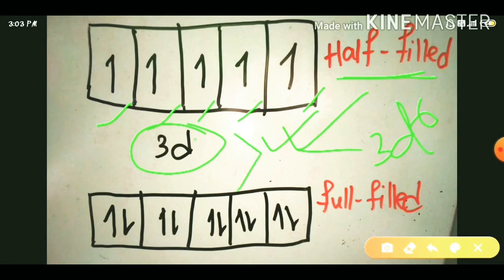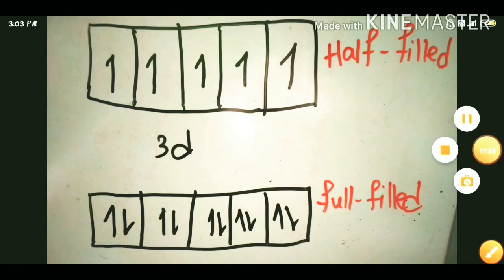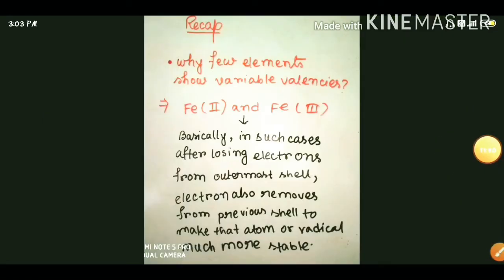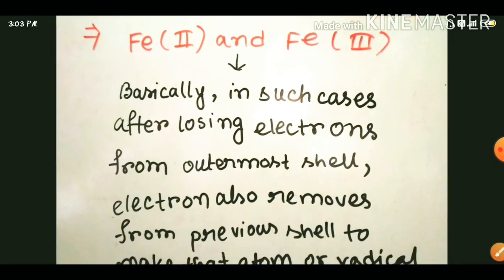This is much more stable, because a fully filled d shell and a half-filled d shell are much more stable. So you can say in such cases, after losing electrons from the outermost shell, electrons are also removed from the previous shell to make that atom or radical much more stable, right?